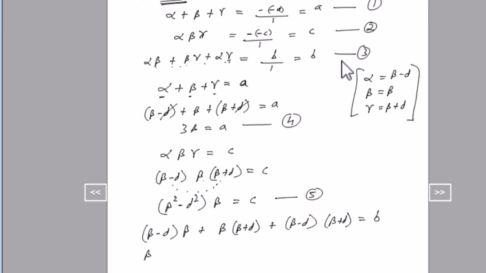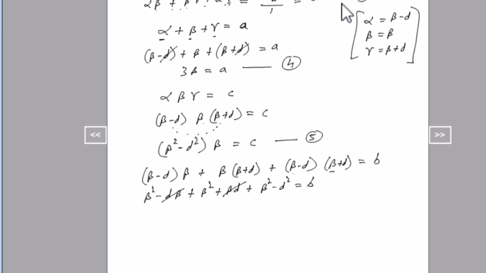This becomes beta square minus d beta plus beta square plus beta d plus beta square minus d square equal to b. Minus d beta and plus d beta cancel. So we have 3 beta square minus d square equal to b. This is our equation number 6.